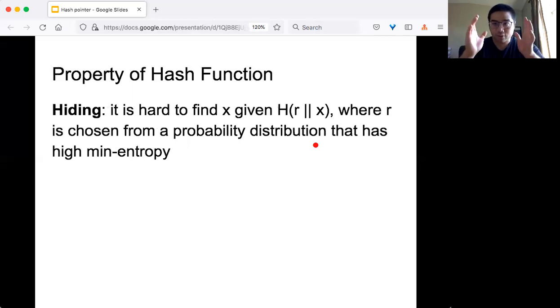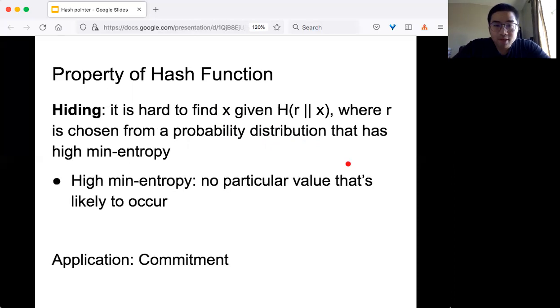So it's a combination of two things. r is some random string, and x you can think of as the string that you want to hide. High min-entropy means that you have a potentially very large set of values, and no particular value is likely to occur too often. You can roughly think of it as a uniform distribution over all the messages or all the strings.